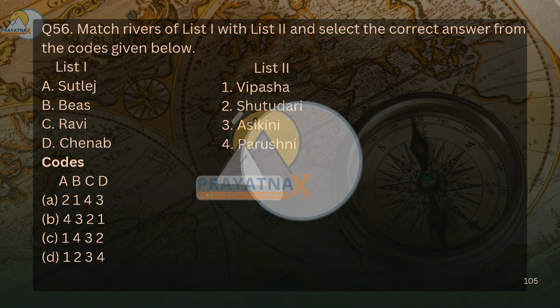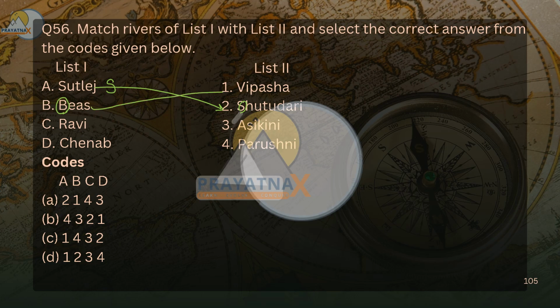Moving on. You need to match the rivers as per the code. Now I think this should be a cakewalk for you. Now Satluj is related to S. The only term which has S here is Shutudri. So Satluj is related to this Shutudri. Now BS had a bad vibe with someone. It was Vipasha.